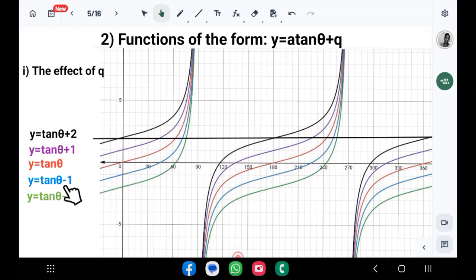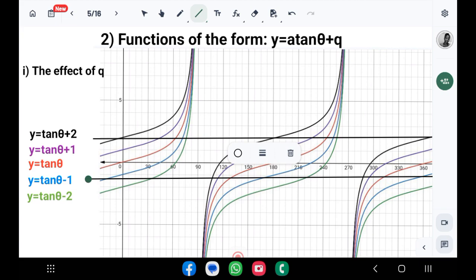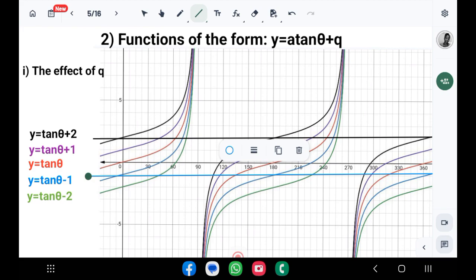Let's say when your y equals tan theta minus 1, you're shifting the graph down 1 unit. Okay, let's draw a blue line of reference there. So you see, basically everything is duplicated. The blue line of reference is not exactly where it's supposed to be, let me fix that.